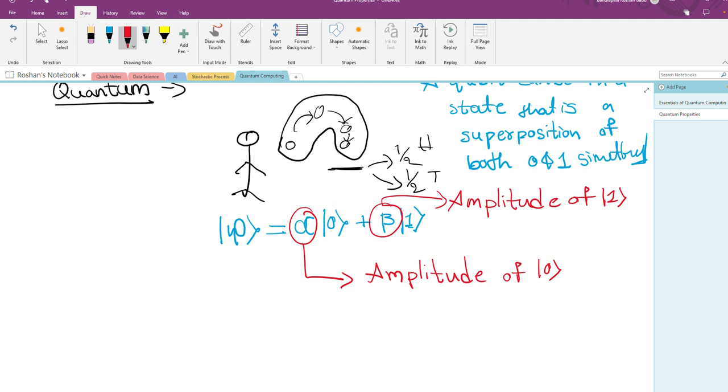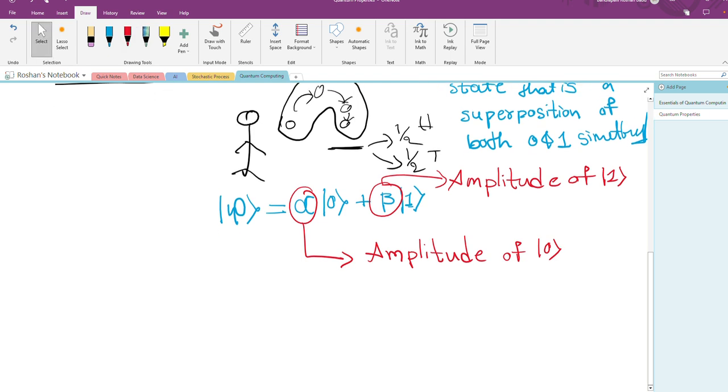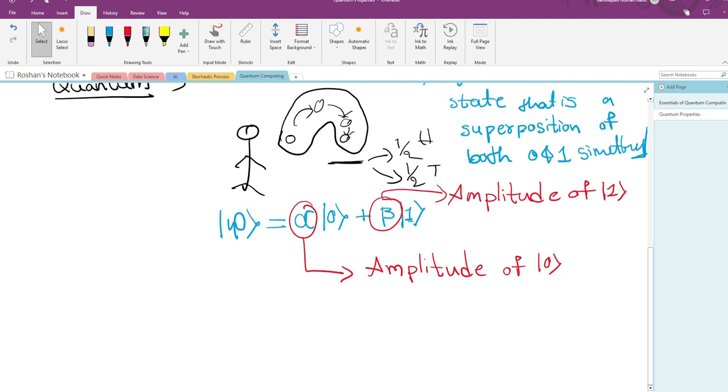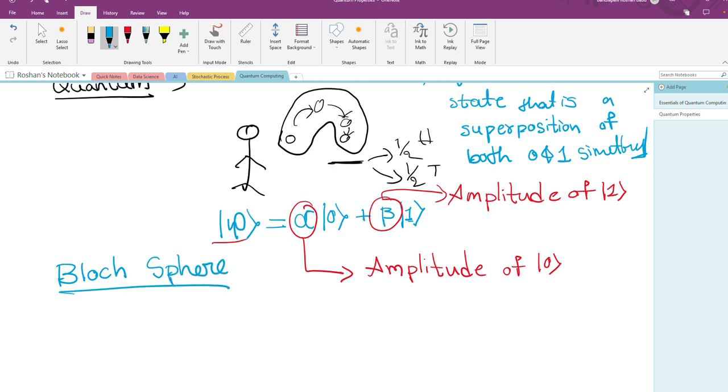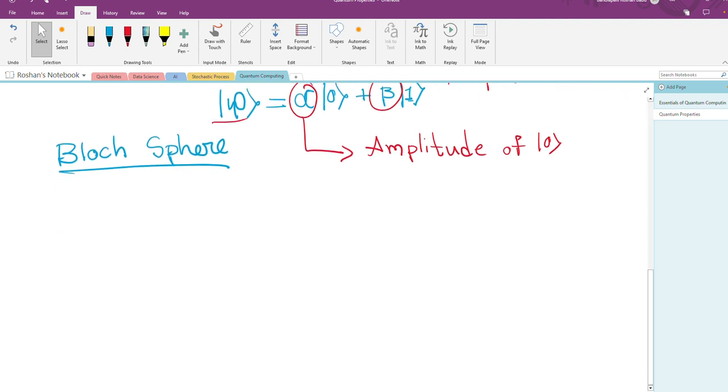Okay, now how will you represent this quantum state using the Bloch sphere? First we look into the mathematical representation of the Bloch sphere.